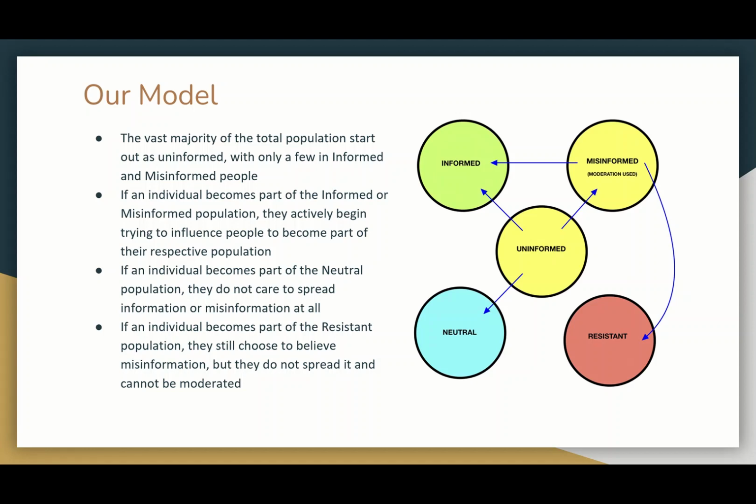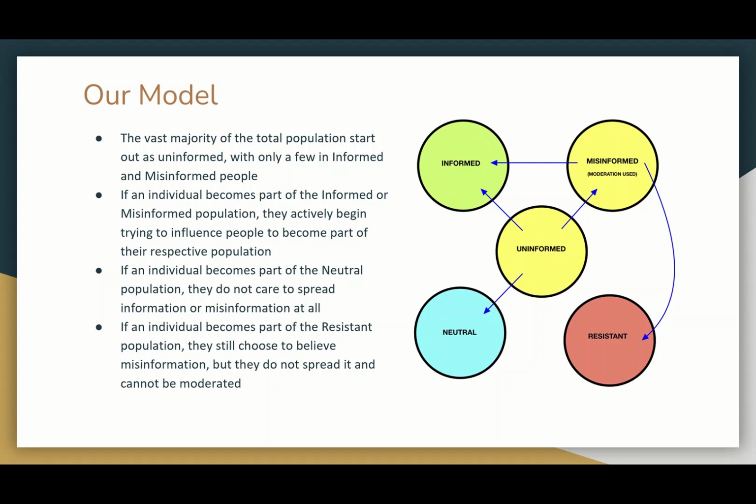You need at least one person in the informed and misinformed group each to really get things going. We also assumed that if a person is part of the informed or misinformed group, they actively start trying to persuade people to join their group.